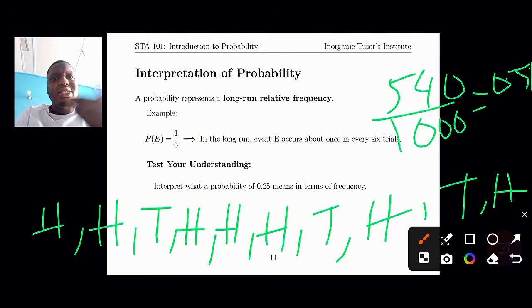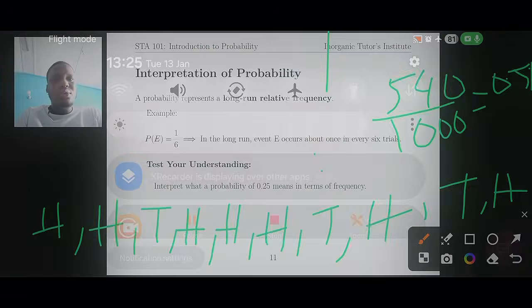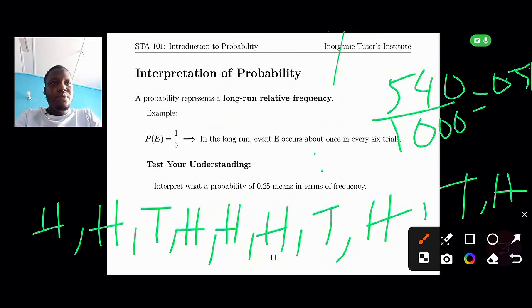So when you do the same for the tails, you get 0.46, which is also approximately 0.5.